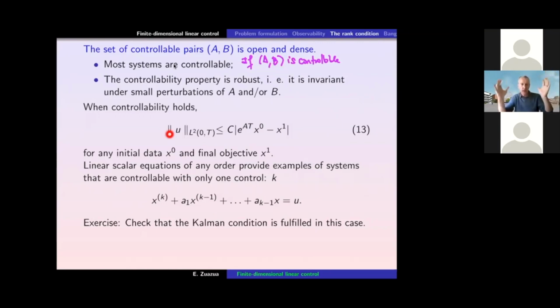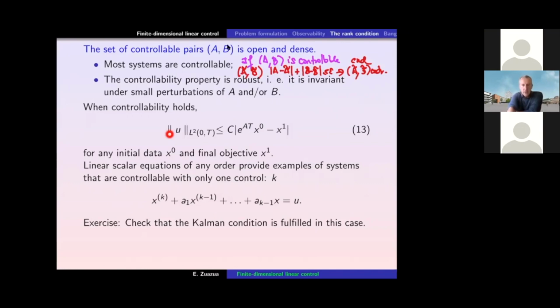It's just the algebraic Kalman rank condition. I say that if the system is controllable and I now take a different system, A tilde, B tilde, so that the distance between A tilde and A and B tilde and B is small, then I also claim that A tilde, B tilde is going to be controllable. Why is that?